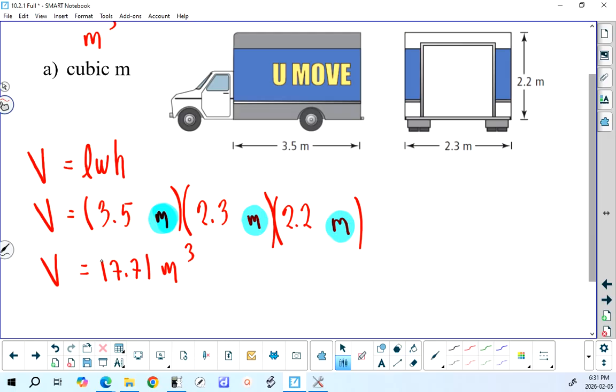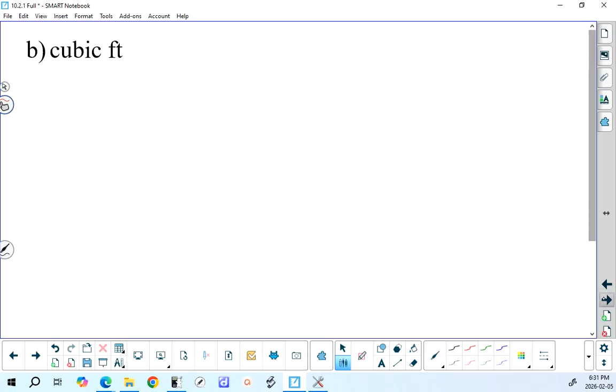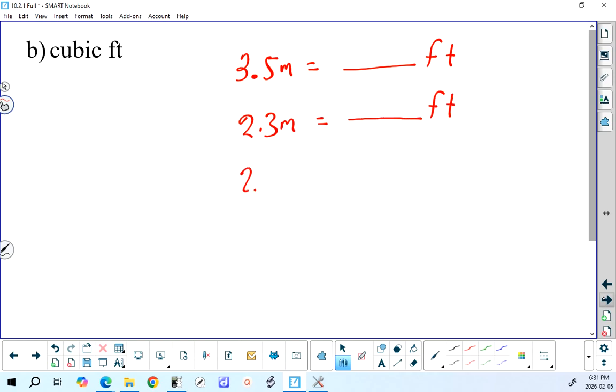Now, what if we are asked to do this in cubic feet? Well, then what we want to do is change that 3.5 meters to feet. We want to change the 2.3 meters to feet. And we want to change the 2.2 meters to feet.